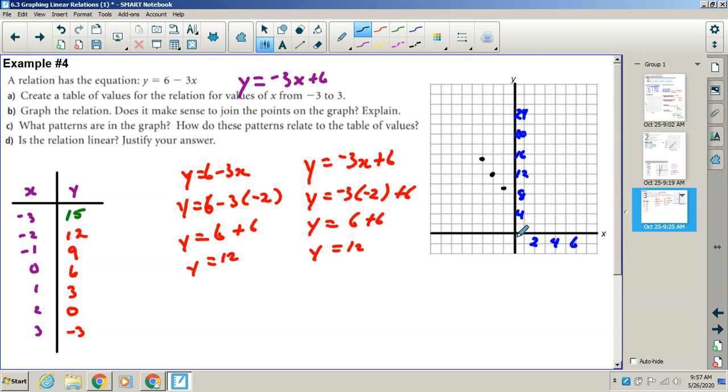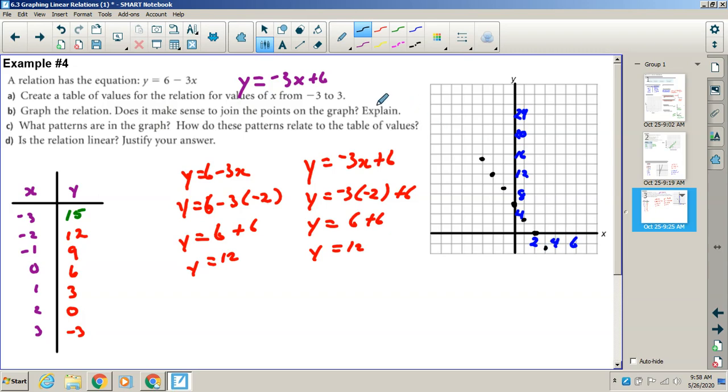0 and 6 would be right here. 1 and 3, right here. 2 and 0, right there. And then I could go 3 and negative 3, so here's 2, there's 3, so it'd be about there.